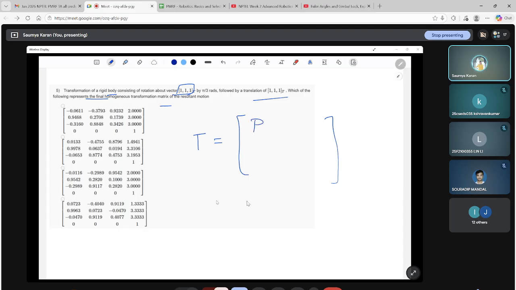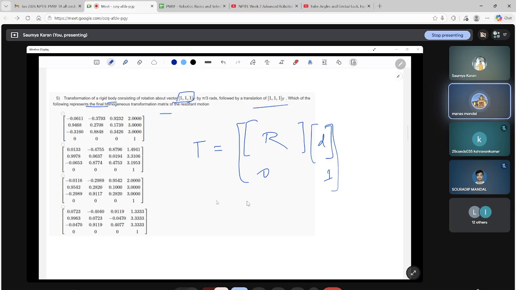Some rotation term, that means some rotation matrix. Yes, that's true. So this is R, which is the rotation matrix. If it is for 3D, it would be a 3 cross 3 rotation matrix. Then this is the translation term, which can be written as D. Then this is the 0 vector over here, and this is 1.